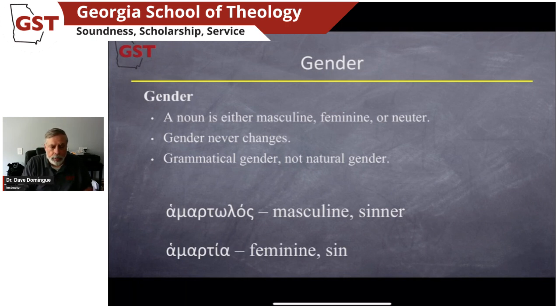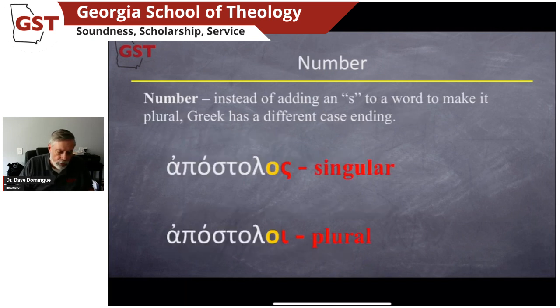Well, bad and hamartia would both have to be in the feminine to understand that bad modifies hamartia, the sin itself. So they have to be in agreement. So recognizing the gender as well as the number would have to be in agreement.